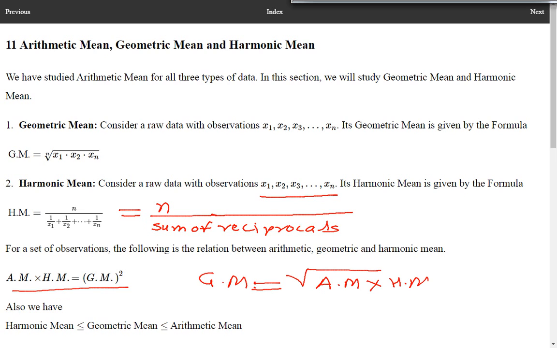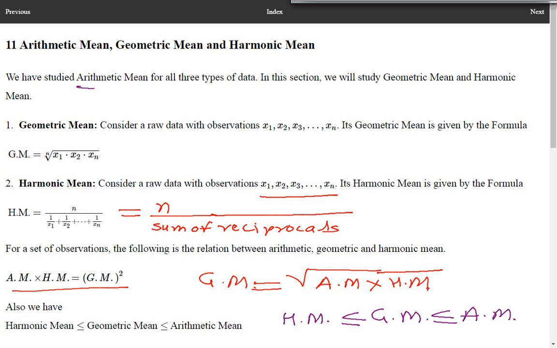So if you take the square, you obtain the relation that geometric mean squared equals arithmetic mean into harmonic mean. Further, this relation always holds: harmonic mean is always less than or equal to geometric mean, and geometric mean is always less than or equal to arithmetic mean.